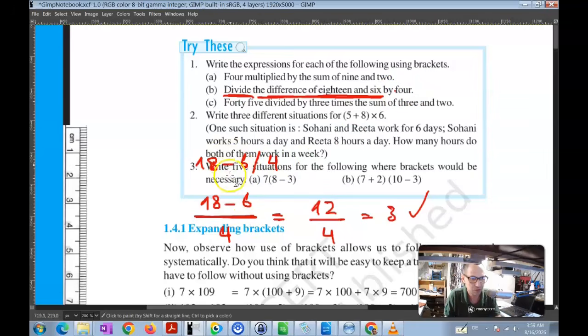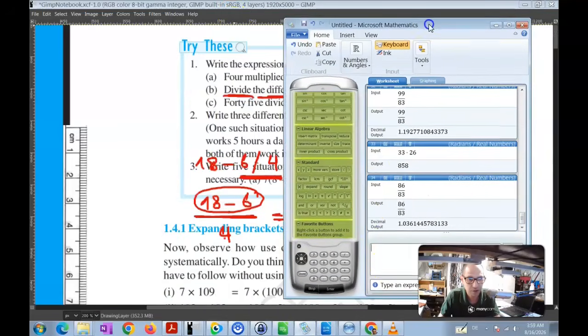This is of course not the same expression, because over here we are taking 18 minus 6, whatever this whole thing is, and dividing it by 4. But over here, because division has priority over subtraction, first I have to evaluate the division part and then subtract the whole thing from 18.